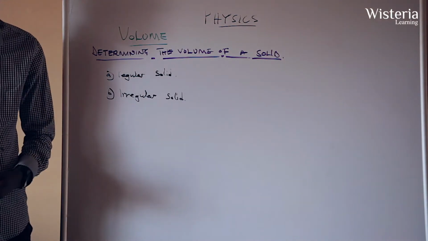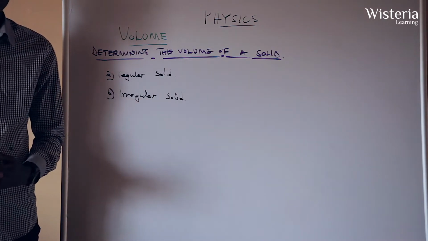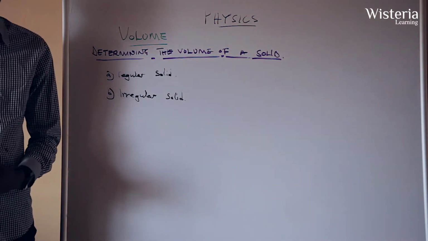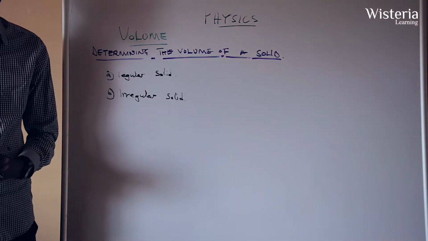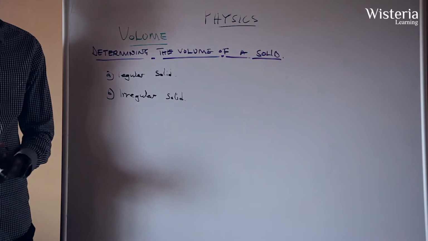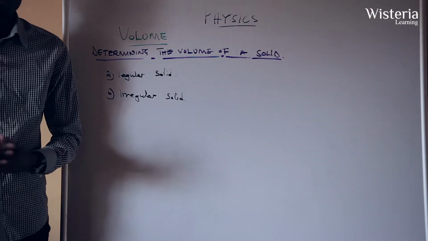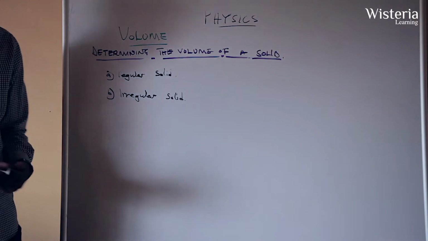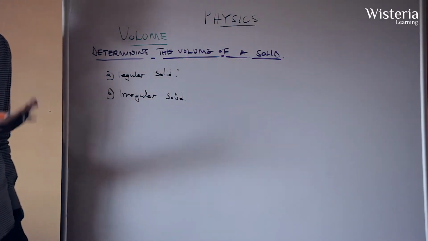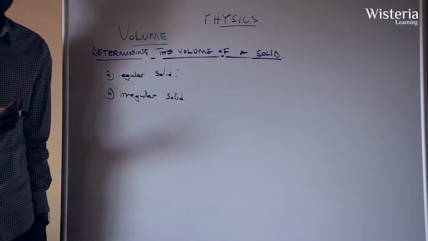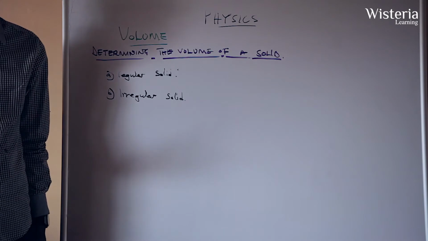What then is a regular solid? Well, a regular solid is simply a solid that has dimensions that are easy to measure. An example is a rectangle, a square, a triangular prism, such examples. So here we have a substance with dimensions that are easy to measure with a ruler. That is called a regular object.